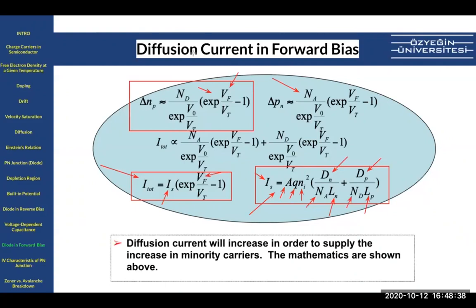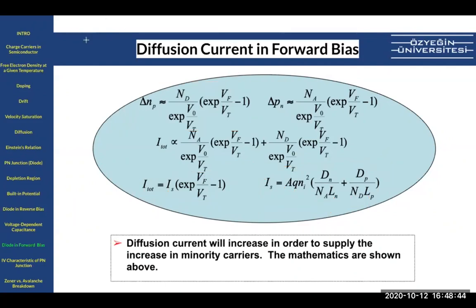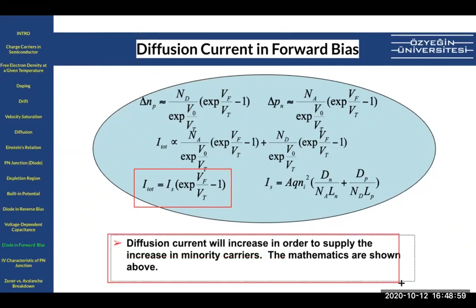Okay, and actually the current becomes a very easy formula, right? So this is called the diode current in forward bias. And that's it for this slide. So the summary is that diffusion current will increase in order to supply the increase in minority carriers. And at the top, all the mathematics are shown.